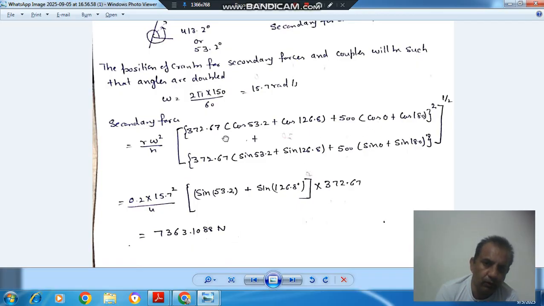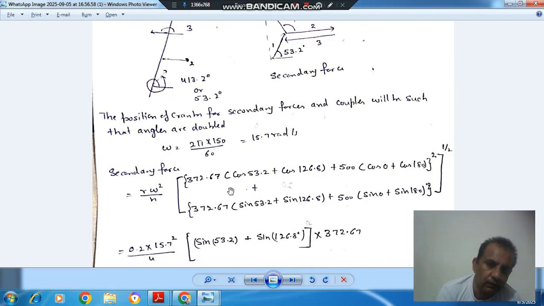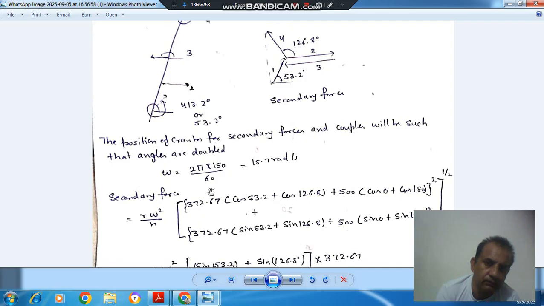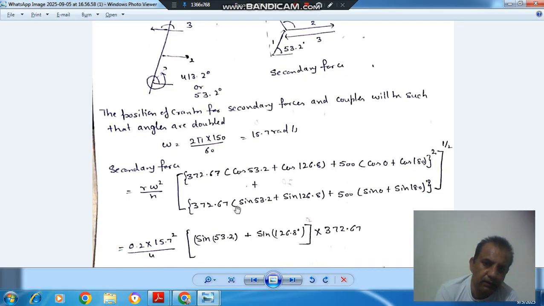Or we can take the horizontal component of all the masses: 372.67 cos 126, and here we have 500 cos 0 and 500 cos 180. Similarly, we have the sine component, then square and add.